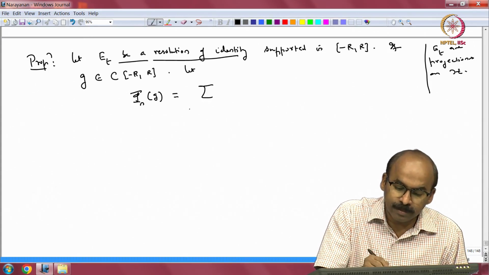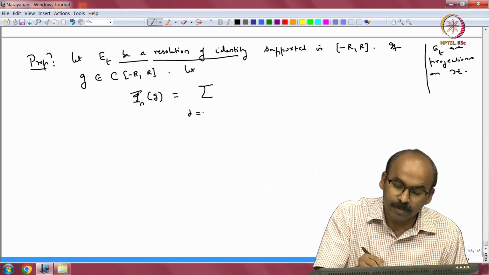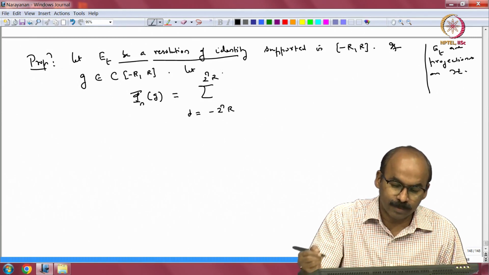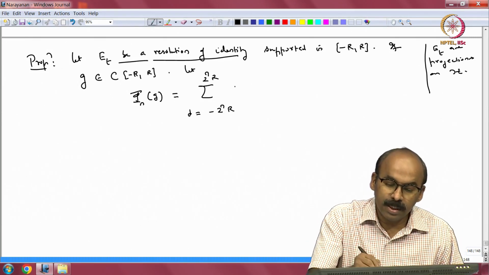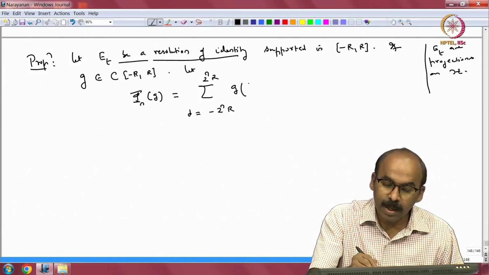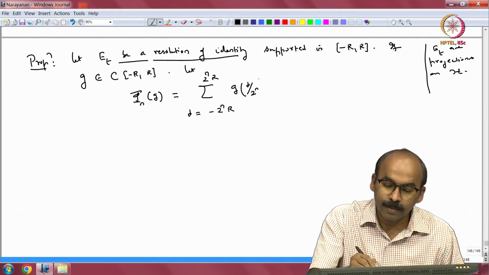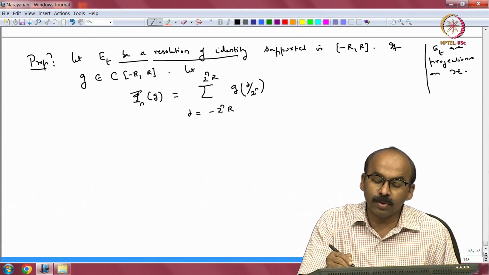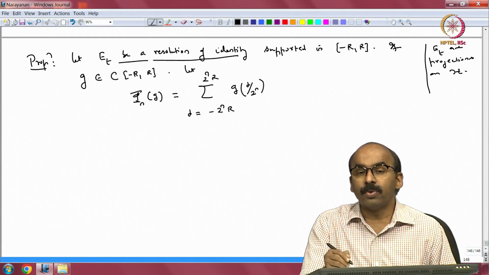Okay. So, let me write down the expression and then it will be clear. So, it is a sum j equal to minus 2 to the n r to 2 to the n times r, of g of j by 2 to the n. So, if you look at g of j by 2 to the n, j goes from minus 2 to the n r to 2 to the n r, right.